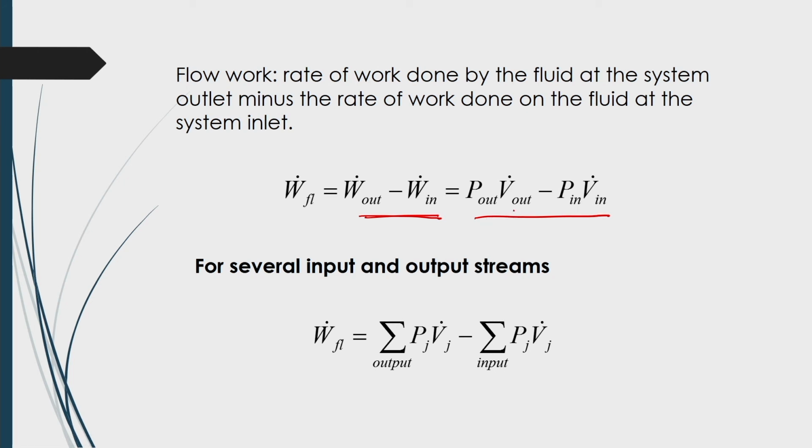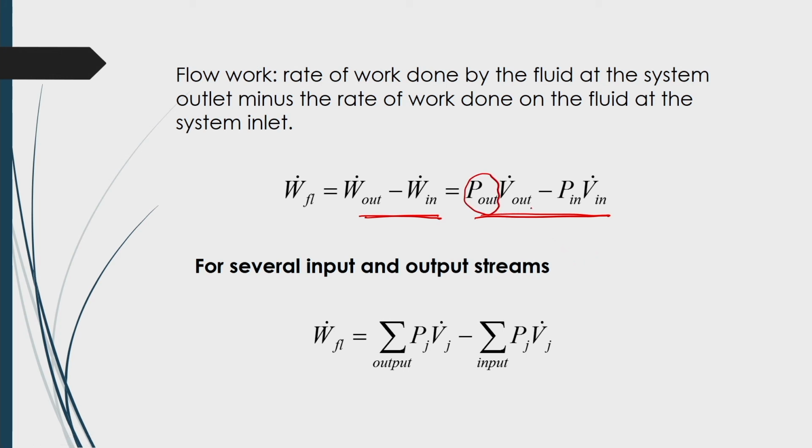What does it mean? It is the pressure at the outlet condition and the volume at the outlet condition, and the pressure at the inlet condition and the volume at the inlet condition. If you are considering it as a rate, P you cannot regard as a rate.